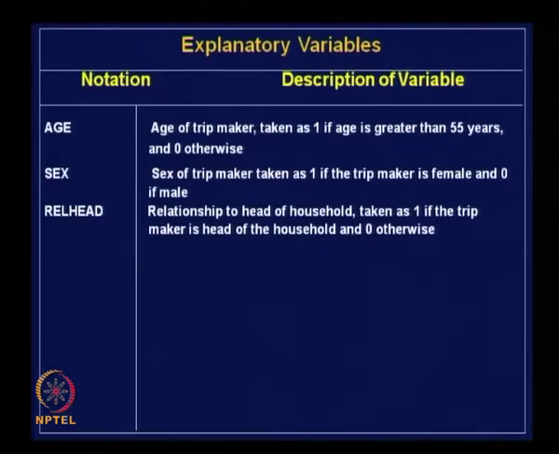Normally households will have only one head, and the head of the household under Indian condition controls the mobility pattern of a household to a very significant extent, because the head of the household is taking care of most of the activities like shopping, right, and other activities.